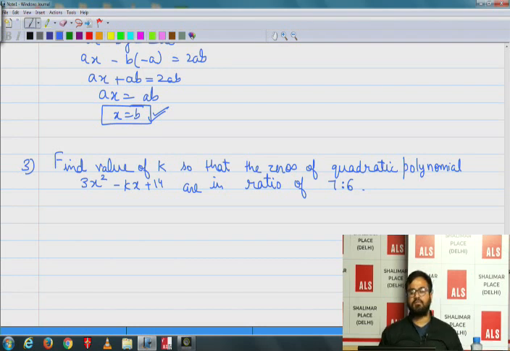You have to use the concept of sum of roots and product of roots over here.